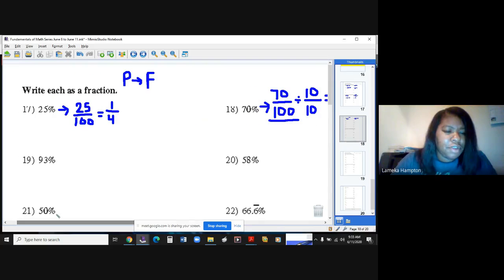Okay. Now we're going to scroll back over to number 19. And number 19 is 93%. So again, I am simply just going to put my number, which is 93, over 100.